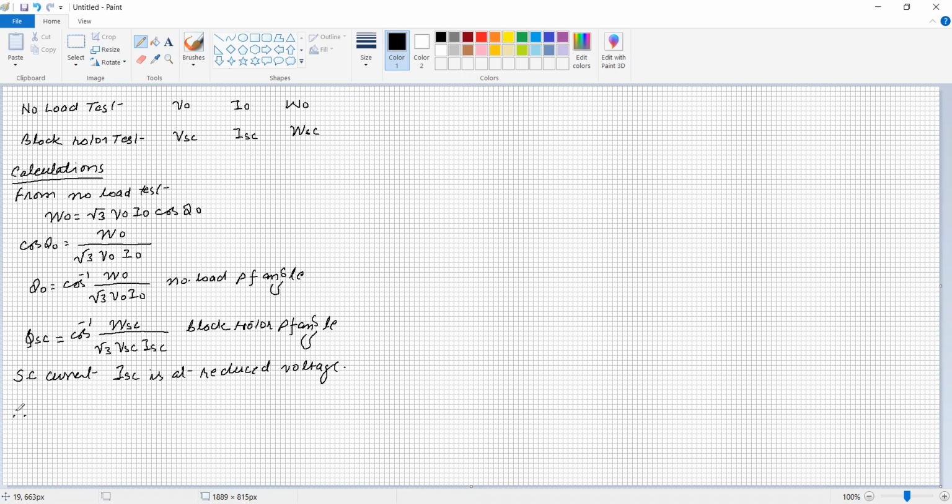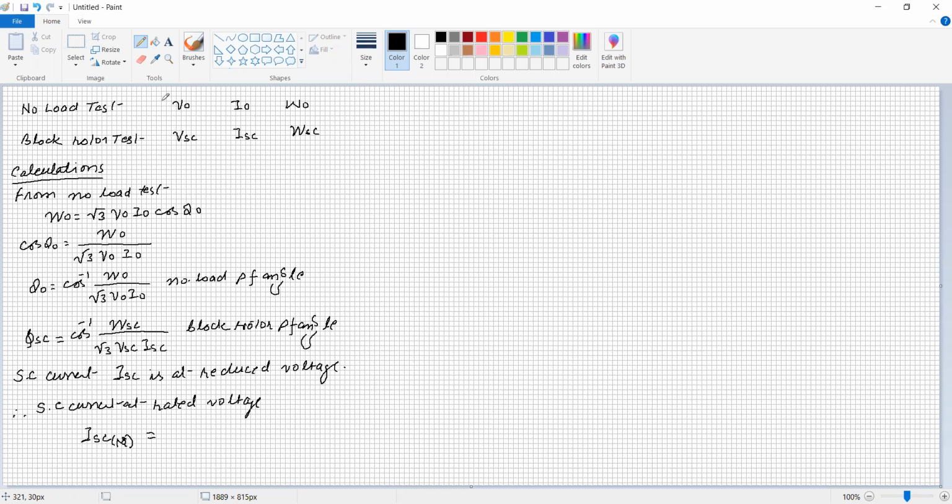So therefore, the short circuit current at rated voltage, ISCN, where N stands for the normal voltage, is equal to, just a minute.